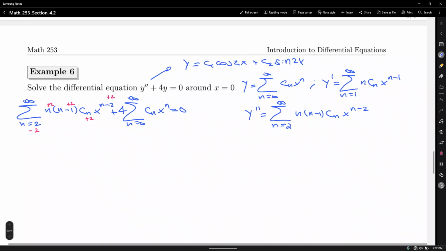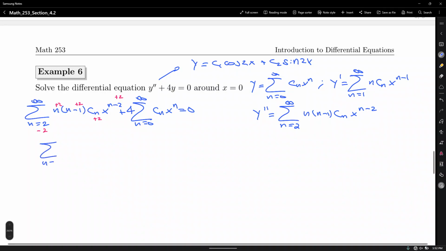So sigma n equals 0 to infinity of n plus 2 times n plus 1 c sub n plus 2, x to the n plus 2 minus 2, that is simply x to the n, plus 4 times sigma n equals 0 to infinity of c sub n x to the n. Actually, let me introduce the 4 into the series.